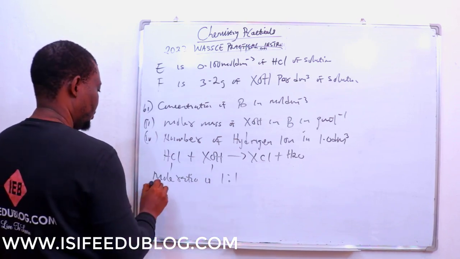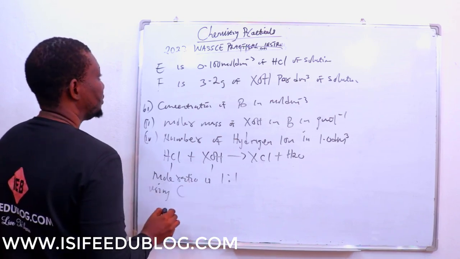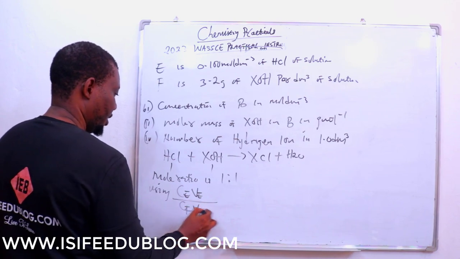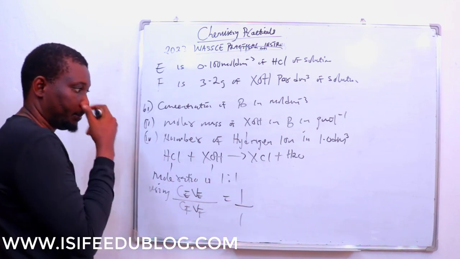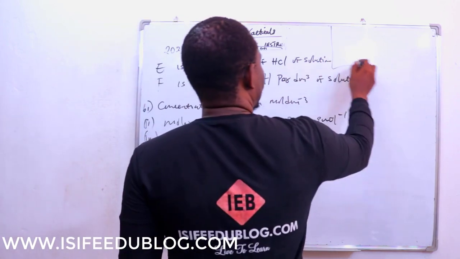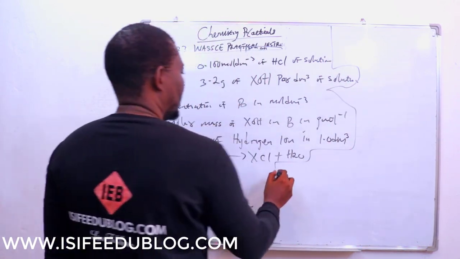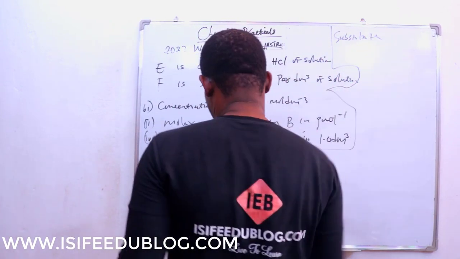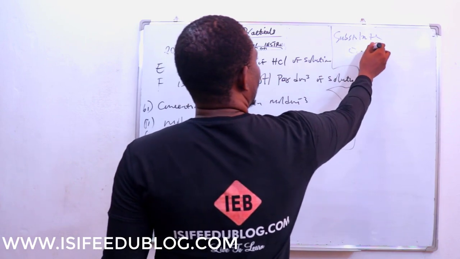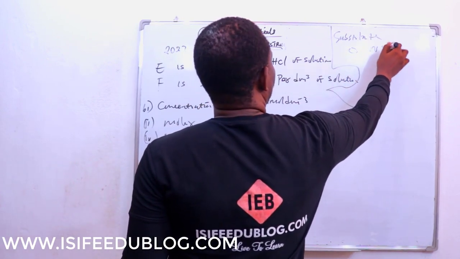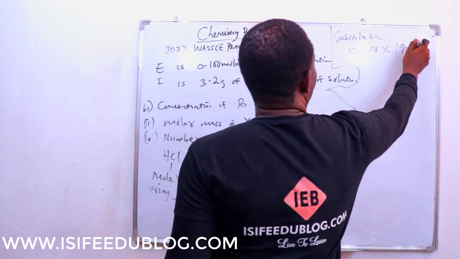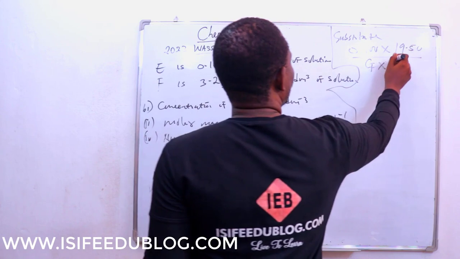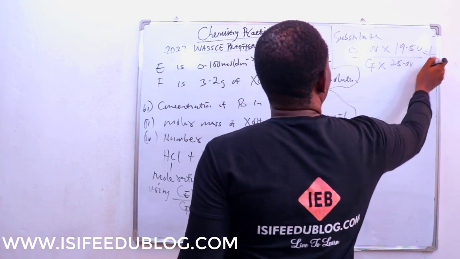Okay? So then using CAVA over CBVB equals 1/1. So what you do is substitute. What is C? 0.100 multiplied by 19.50 over CB times VB, 25, because 1/1.